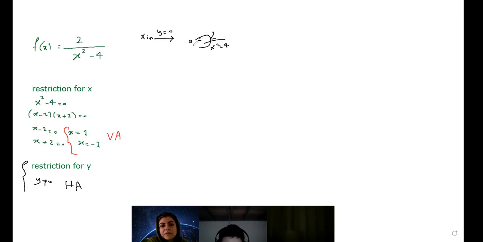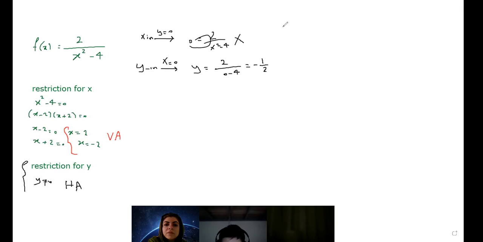It's 2, and 2 over a number is something, but it cannot be 0. So we don't have any x-intercept. For the y-intercept, you have to put x equal to 0. So y equals 2 over 0 minus 4, which is negative 1 over 2.